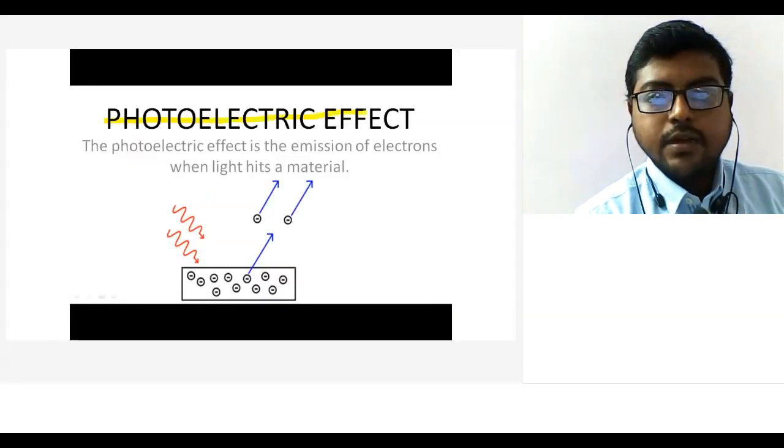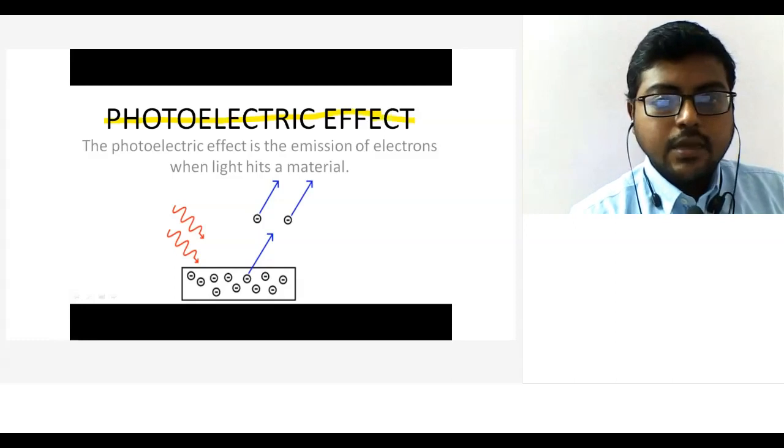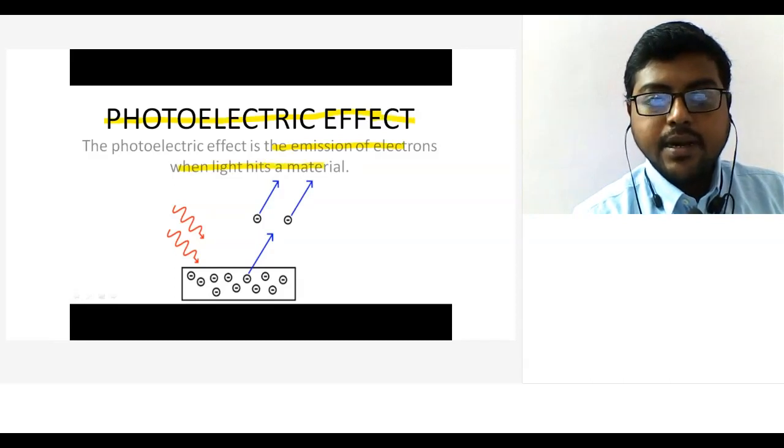So the photoelectric effect is the emission of electrons when light hits a material.